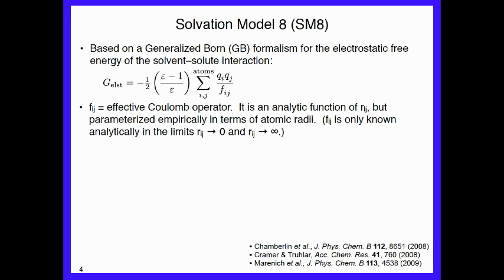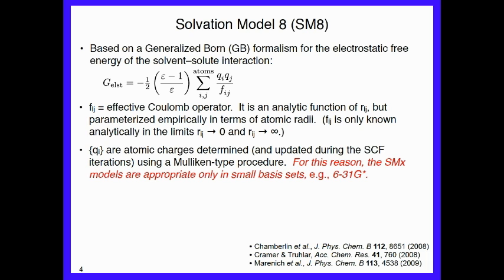So i and j are indexing atoms of your QM solute, and then there's some 1 over f effective Coulomb operator that's known in some limits, but in the end will simply be some parametrized analytic function. The q's that show up in this expression are partial atomic charges that are obtained by decomposing your electron density or wave function for your QM solute.